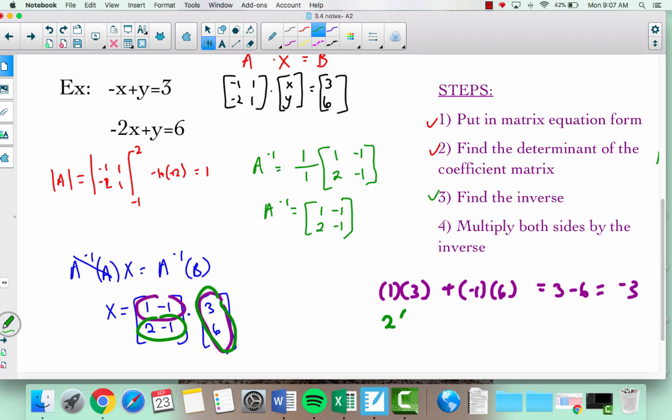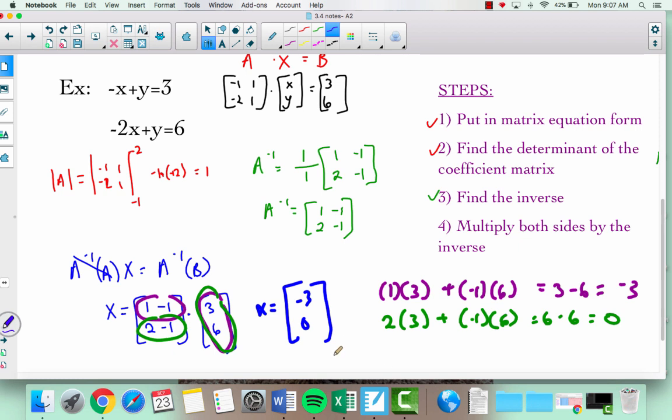So I'd have 2 times 3, and then plus negative 1 times 6 again. So that'd be 6 minus 6, which is 0. So my final answer for this matrix is that I get negative 3, 0. And what this means is that my x is equal to negative 3 and my y is equal to 0.